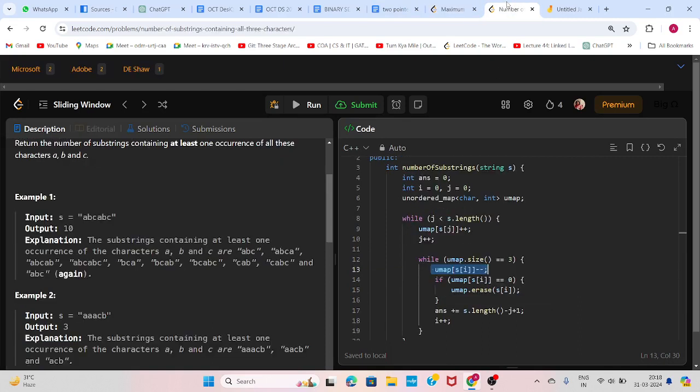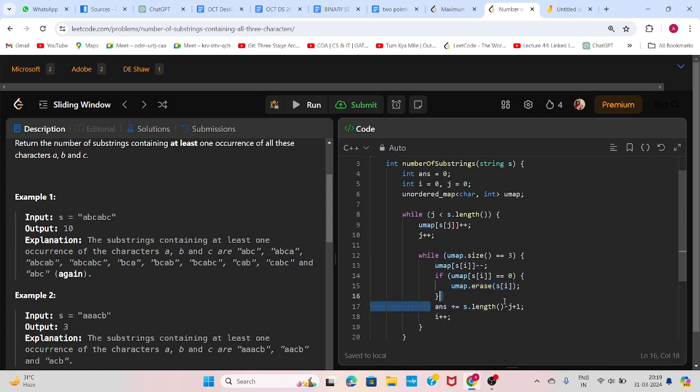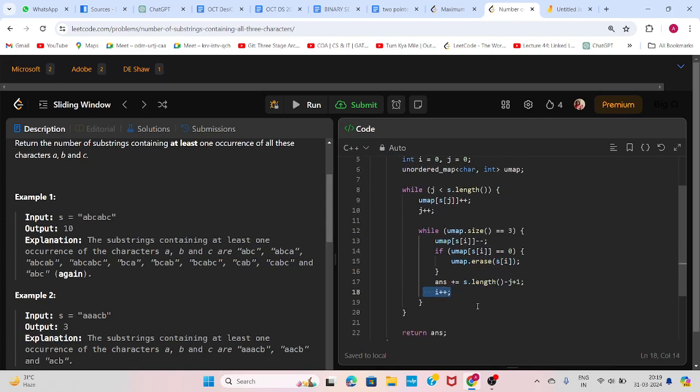All this calculation is done in the map, so we will be updating the map. We are removing from the map, and if the count becomes 0, we will just remove that particular element, and we add answer equals answer plus size minus j, plus 1, and then we do i plus plus.